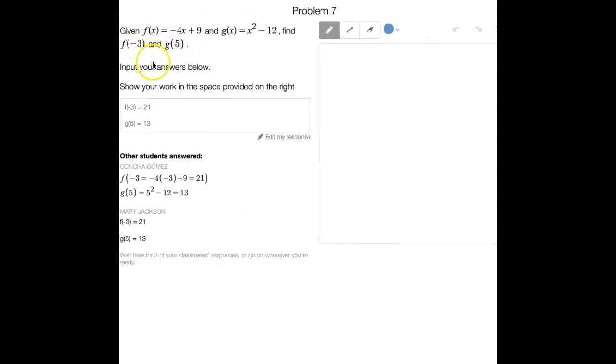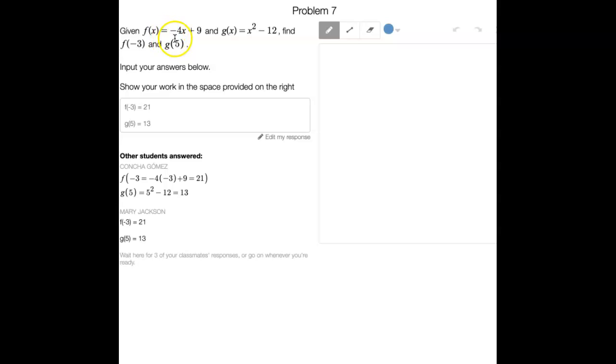This one's really just plugging in numbers. If you plug a number into f of x, you're going to go -4 times that number plus 9. Same thing with g of x. If you plug something into g of x, you're going to take that number squared and subtract 12.